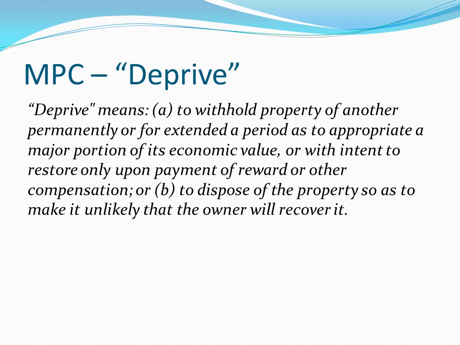So this isn't taking someone's pen for a couple seconds and writing something and putting it back down on the table, but you're either withholding it permanently or you're taking it for such a period of time that it's essentially cost the owner a major portion of its economic value.